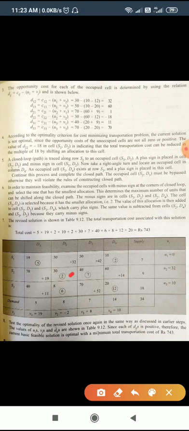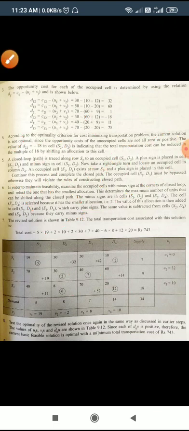Here 6 cells should be occupied: 1, 2, 3, 4, 5 and 6. So the solution is non-degenerate. We check non-degeneracy with the relation m plus n minus 1, so 3 plus 4 minus 1 is equal to 6. Six cells should be occupied, and here 6 cells are occupied.